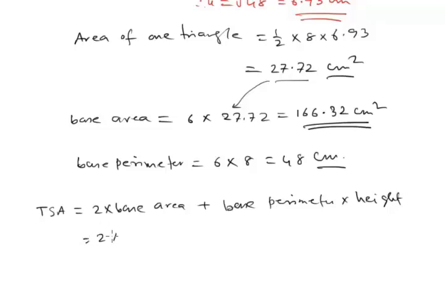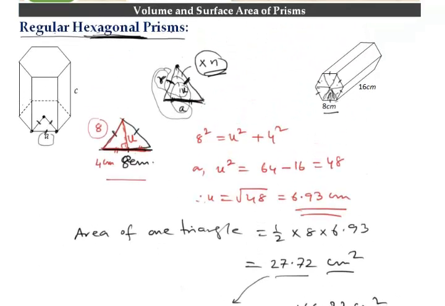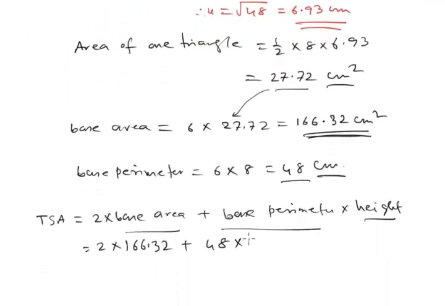So 2 times base area, which is 166.32, plus base perimeter, which is 48, times height of the prism. Here this is one hexagonal face, and there is another hexagonal face here. The distance between these two hexagonal faces is 16 centimeter, so the height is 16. If we do this calculation, the total surface area will be 1100.64 centimeter square.